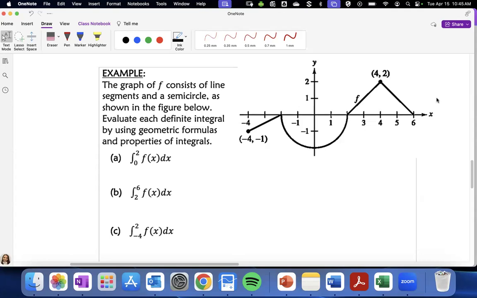If we can use geometry, we use geometry, right? So we're going to interpret this integral using geometry. I want the area of this graph, which consists of line segments and a semicircle. Evaluate each definite integral by using geometric formulas and properties of integrals.